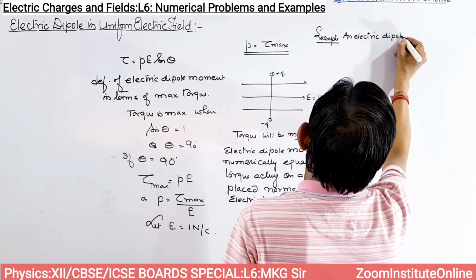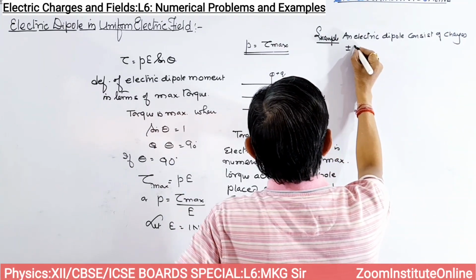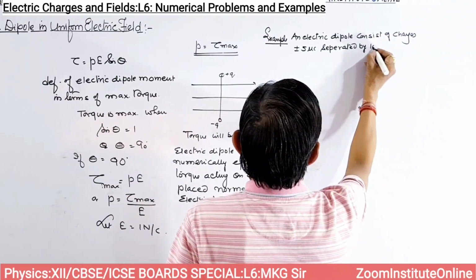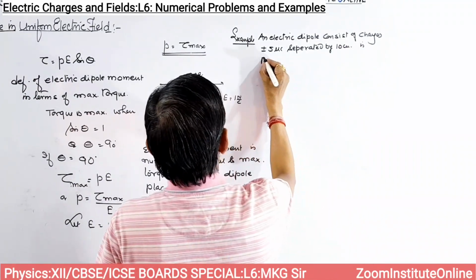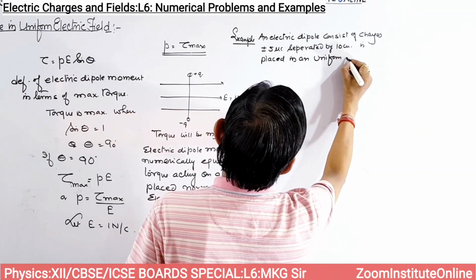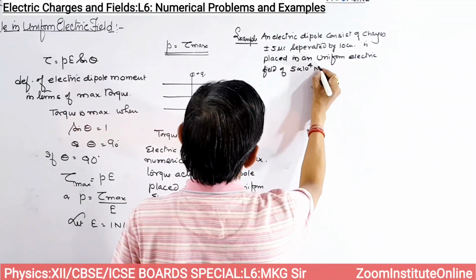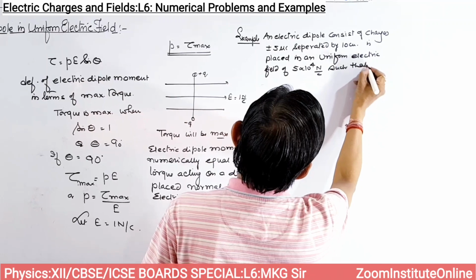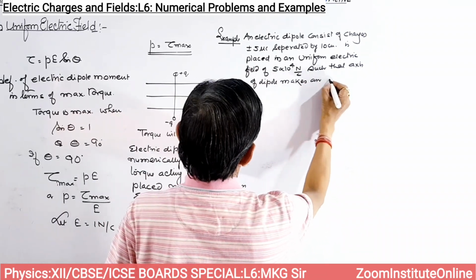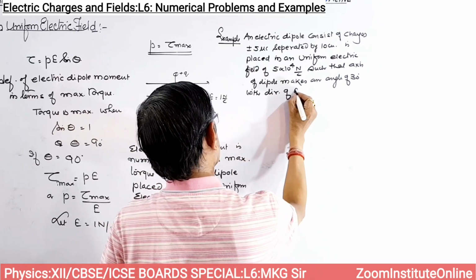An electric dipole consists of charges plus minus 5 microcoulomb separated by 10 centimeter, is placed in a uniform electric field of 5 into 10 to the power 4 Newton per Coulomb such that axis of dipole makes an angle of 30 degree with direction of electric field.